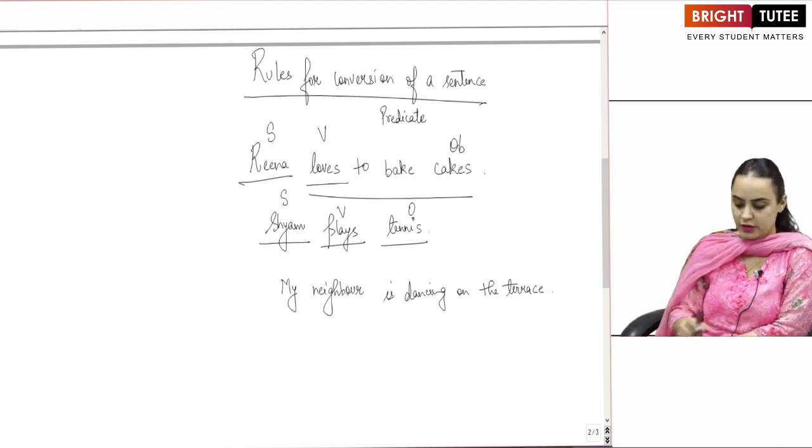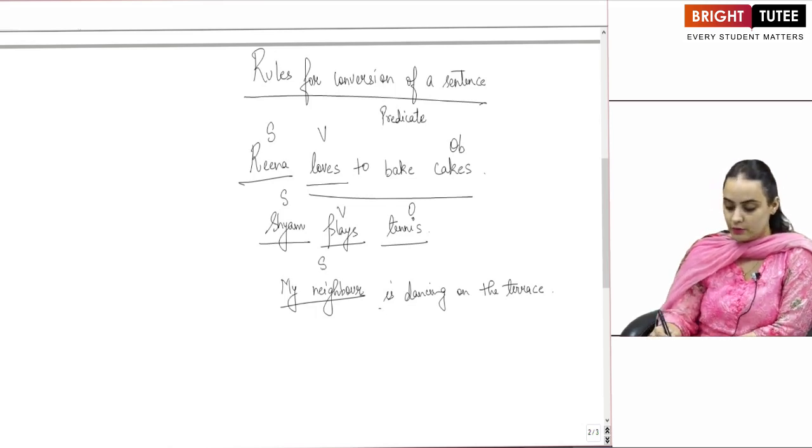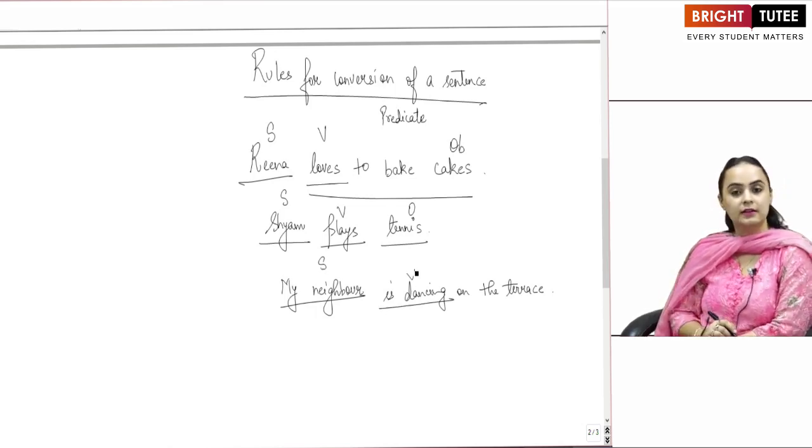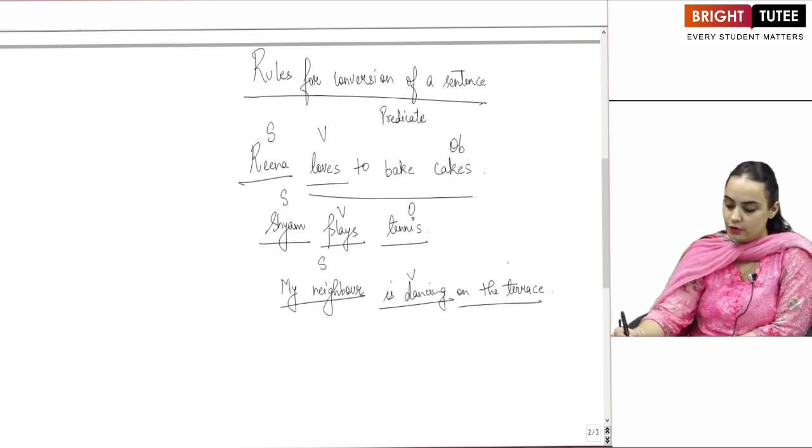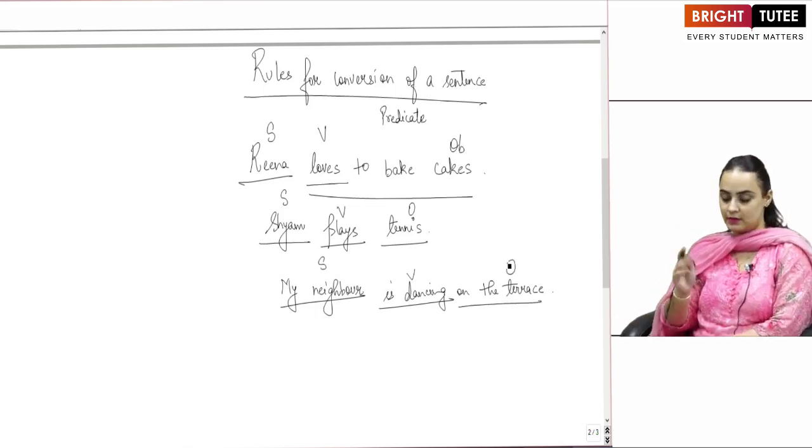Who is my subject? My neighbor. What is my verb? Is dancing. And what is the object? Where is my neighbor dancing? On the terrace.